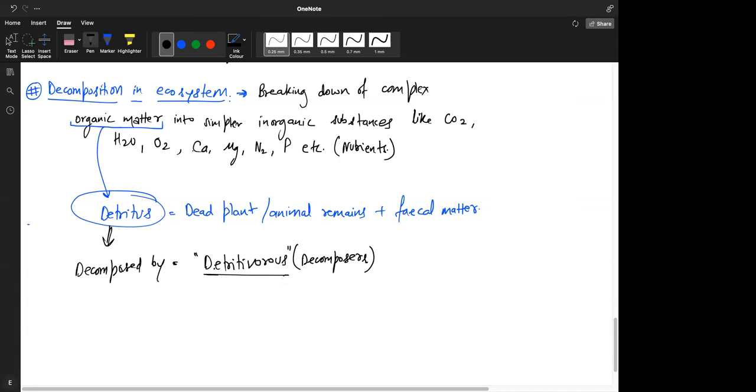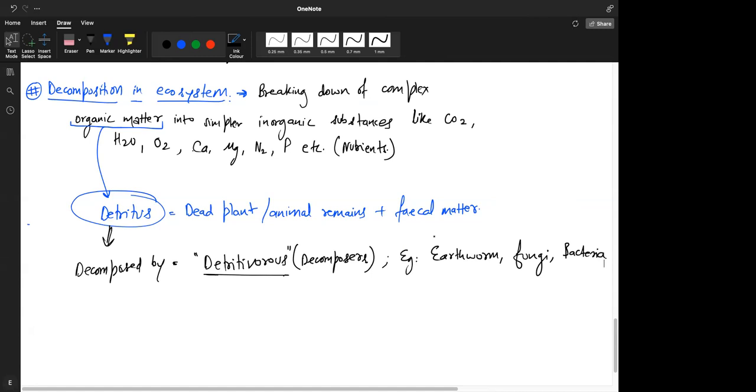Okay, so example you can write as earthworm, fungi, and bacteria. Heterotrophic bacteria. Bacteria can also be autotrophic, so that's why I always mention heterotrophic bacteria. So if you are giving an example in your exams, be very specific if you don't want to lose marks.